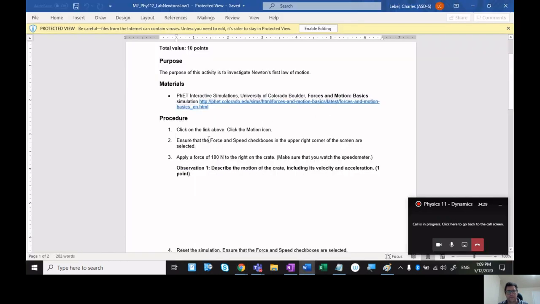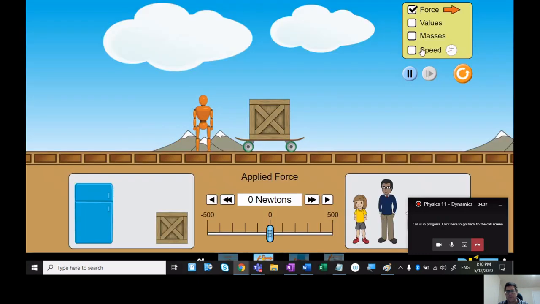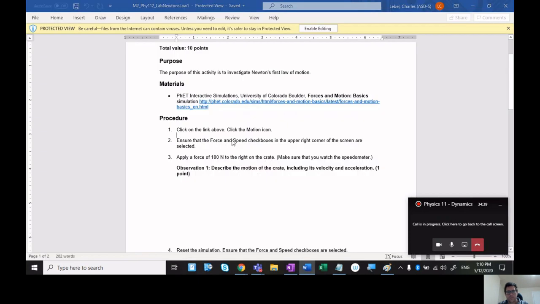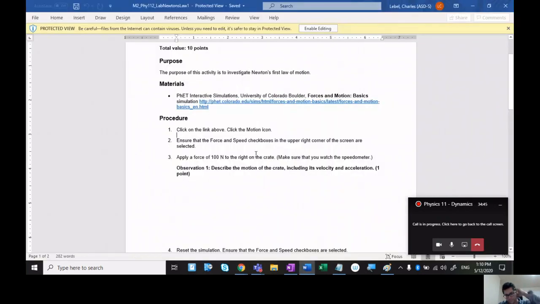Interactive. Click on the link, ensure the force and speed checkbox in the upper right corner of the screen is selected. Click the motion. Force speed checkbox. Okay. Apply a force of 100 Newton to the right of the crate.